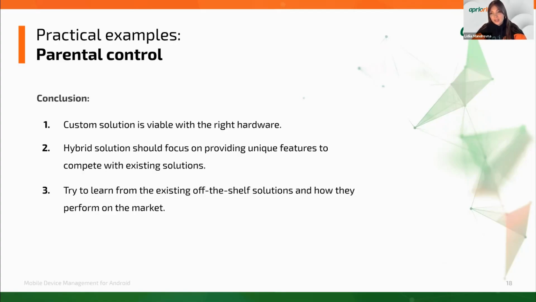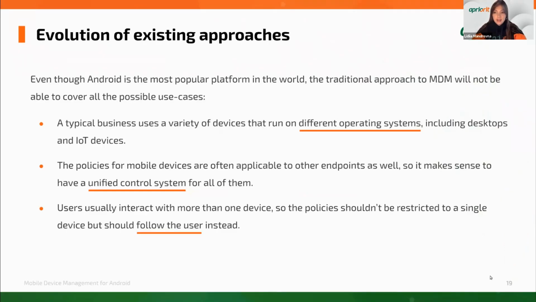Okay, thank you, Eugene. So I think we are done with practical examples. I saw the question, the answer, one of the embedded into iOS. Yes, iOS was one of the off-the-shelf solutions that can be easily overcome by a smart kid.